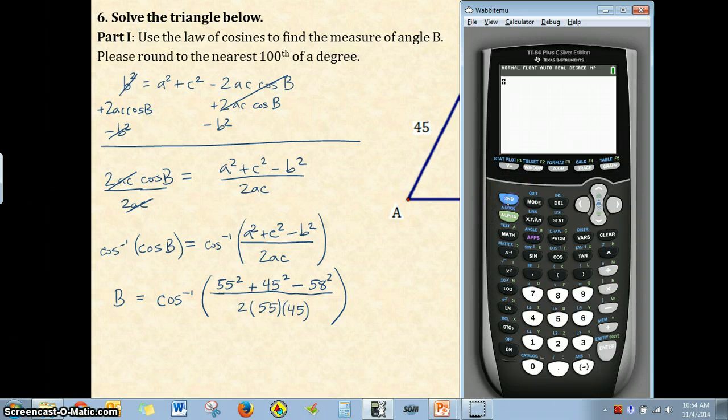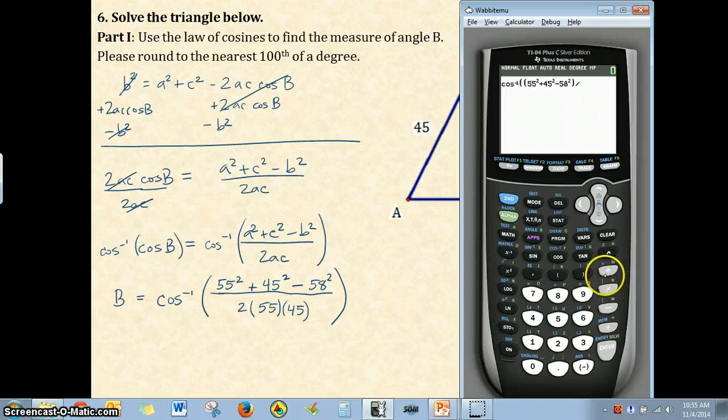So, inverse cosine, and then I'll open up some parentheses to do all this stuff on the top. 55 squared plus 45 squared minus 58 squared. Close the parentheses for the top of the fraction.